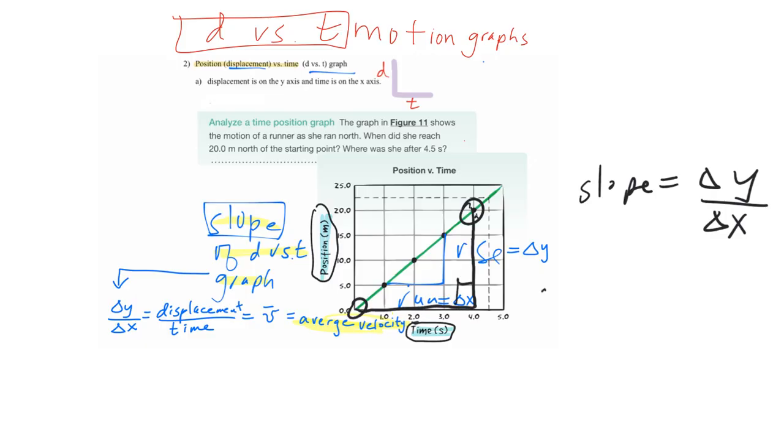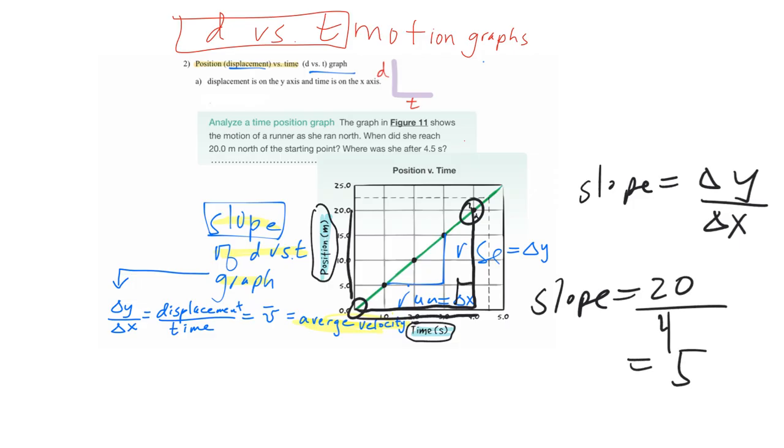Then you just ask, what is the rise? For the triangle I picked, it is 20. And then the run is 4. So rise over run is 5 meters per second.